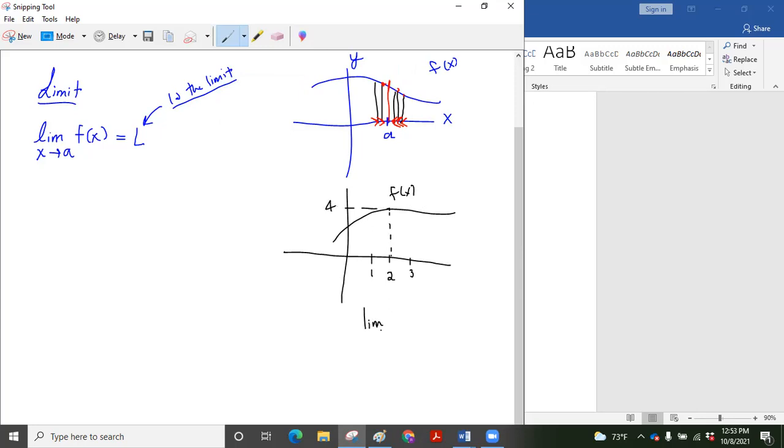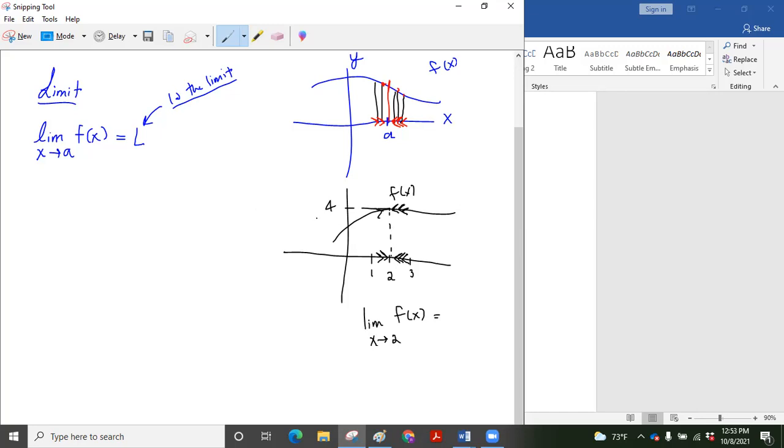So we ask ourselves, what is the limit as x approaches 2 of f of x equal to? What we're essentially asking is, okay, as our x values get closer and closer to 2, and we plug in those x values, what are our y values getting closer to? Well, they seem to be getting closer and closer to 4.